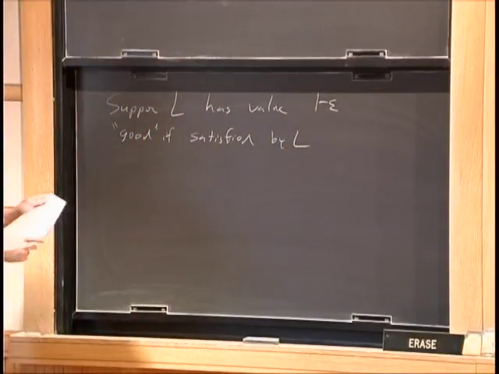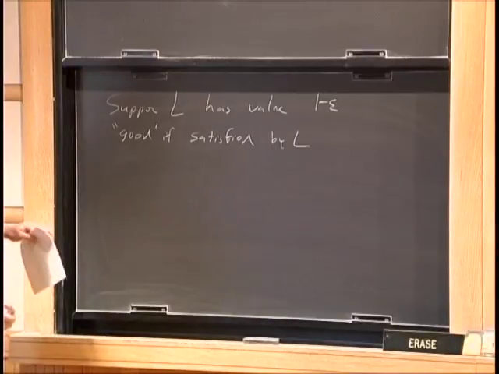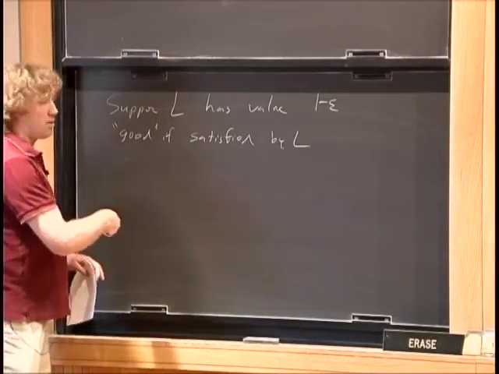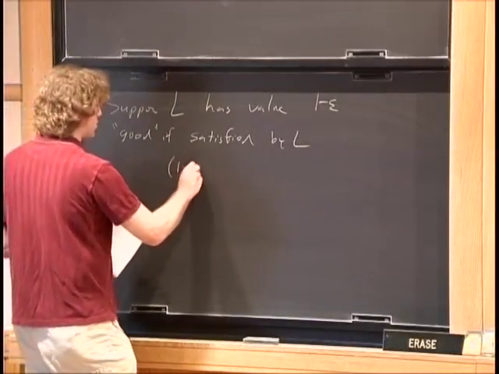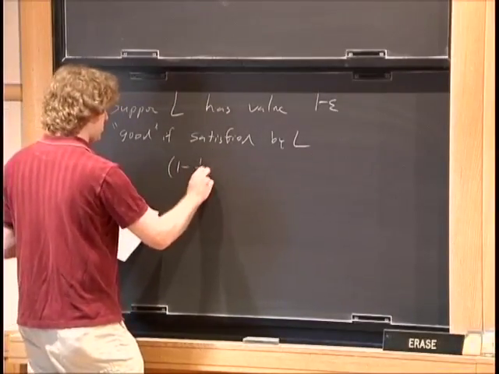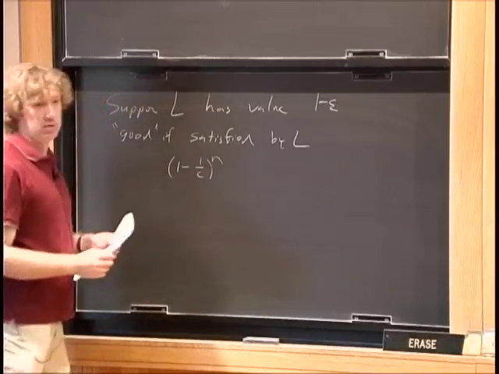And now what we'll give is a randomized algorithm that succeeds with probability 1 minus 1 over C to the n.